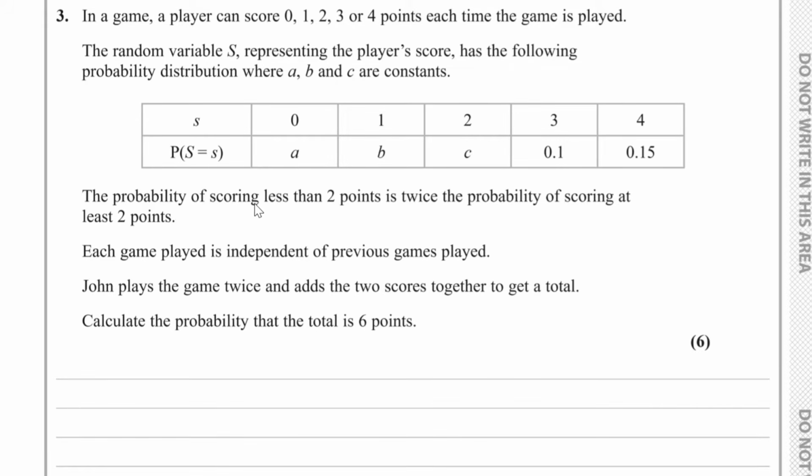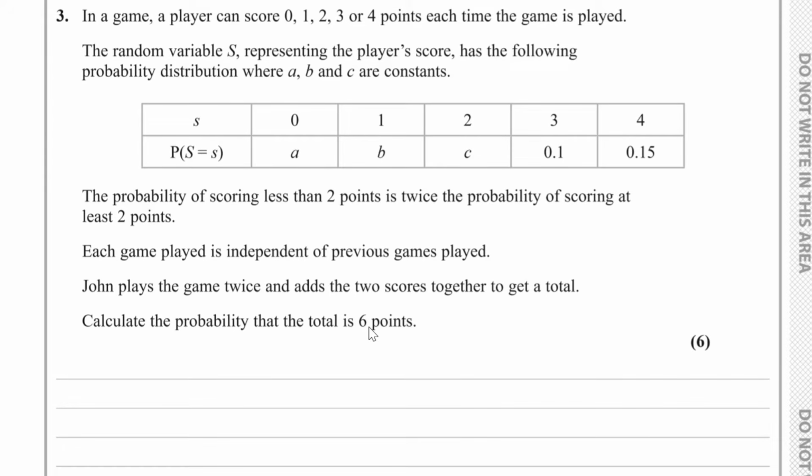The probability of scoring less than 2 points is twice the probability of scoring at least 2 points. And each game played is independent of previous games played. John plays the game twice and adds the two scores together to get a total. We have to calculate the probability that the total is 6 points.